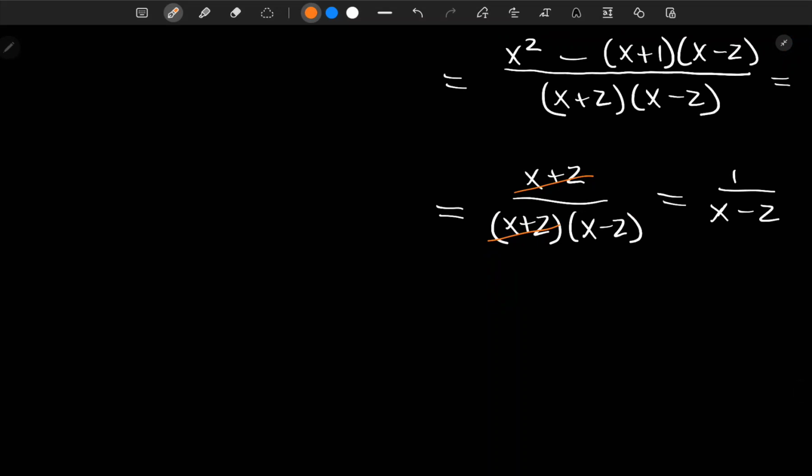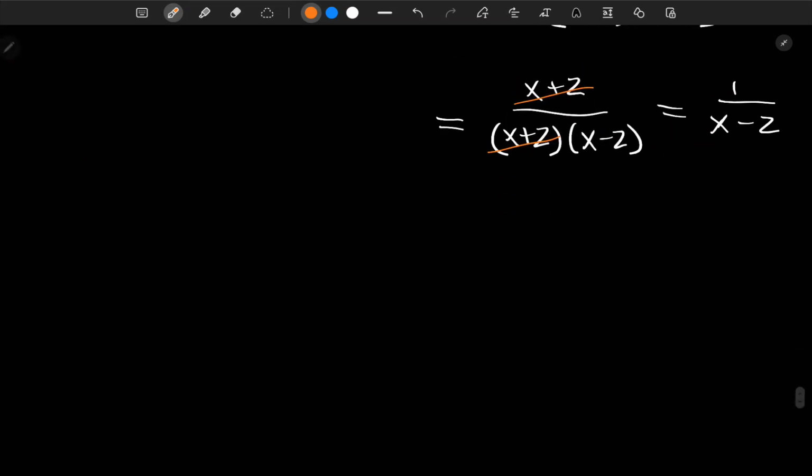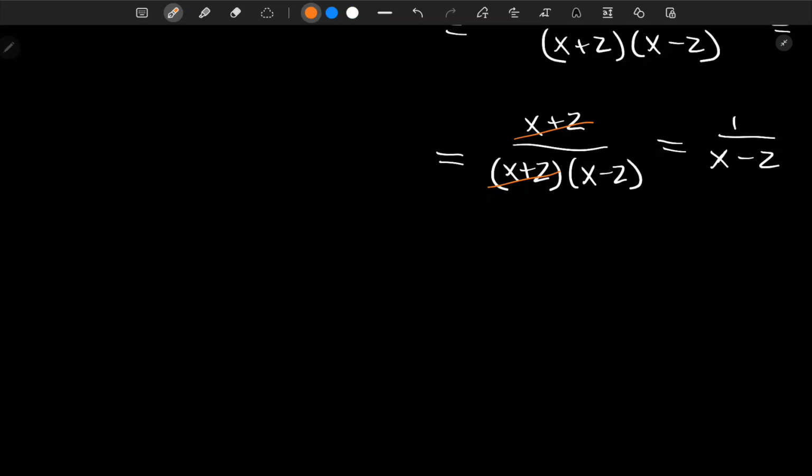And finally, number 6, you should be able to solve certain equations using the quadratic formula.